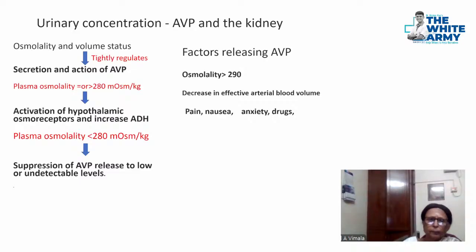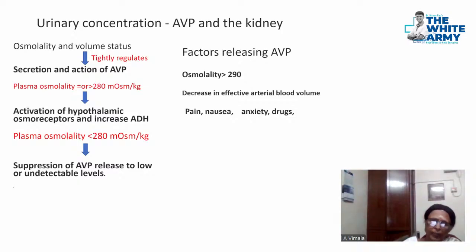So when the plasma osmolality is equal to or above 280, there is activation of the hypothalamic osmoreceptors. And when the osmoreceptors are activated, they increase ADH.